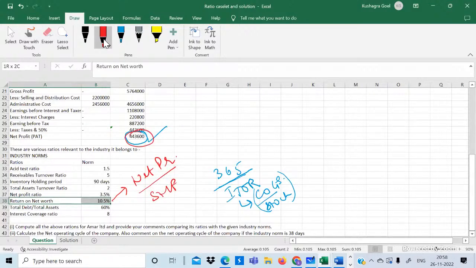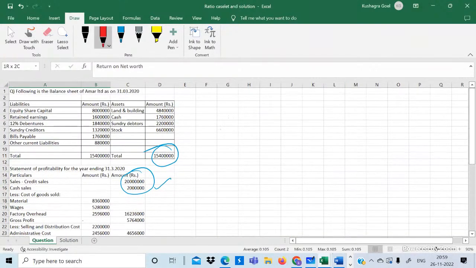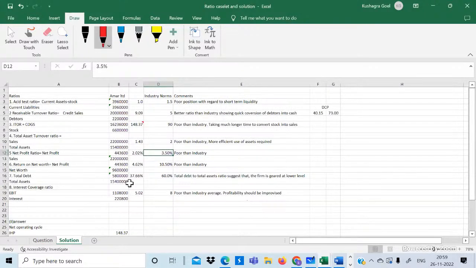You already know your net profit, that's 4,43,600, divided by the net worth, which is your shareholders' fund, the money which belongs to the equity shareholders. So you take your equity share capital and reserves and surplus. Take the net profit divided by equity share capital and retained earnings, and you'll get your return on equity, return on net worth.